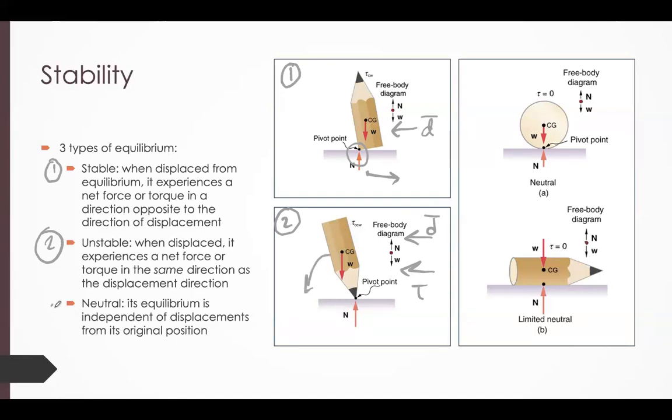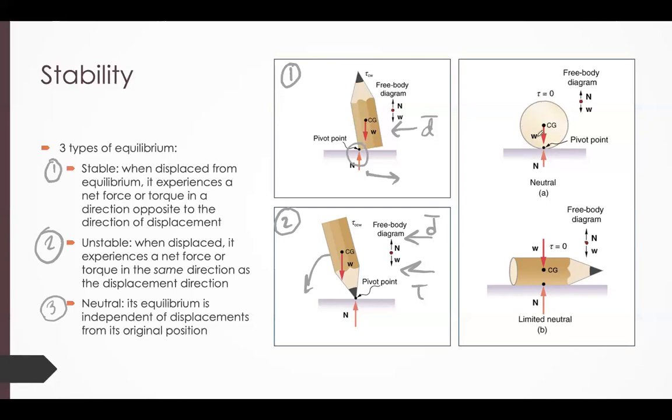Then we have the third, where its equilibrium is independent of any displacements from its original position. That is a neutral equilibrium.